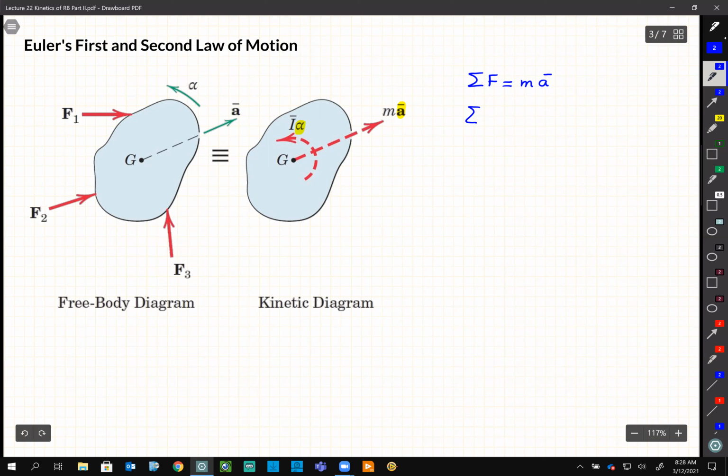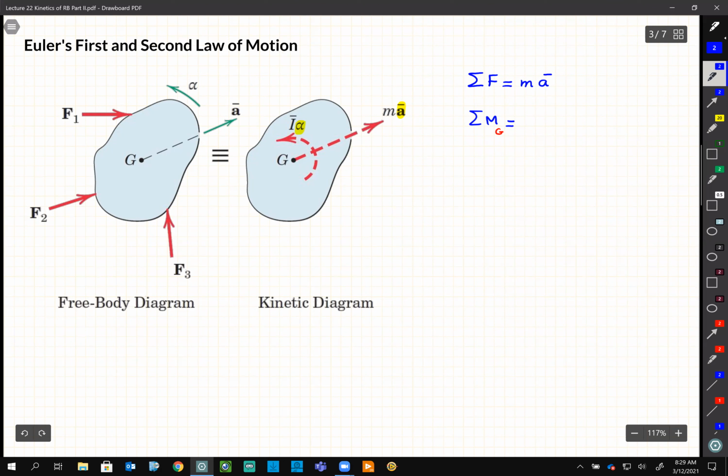The second law says the sum of the torques is equal to... wait, when we talk about torque, we should immediately say about which point. Here, about the center of gravity. So the sum of the moments about G.